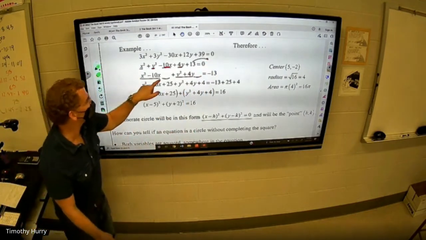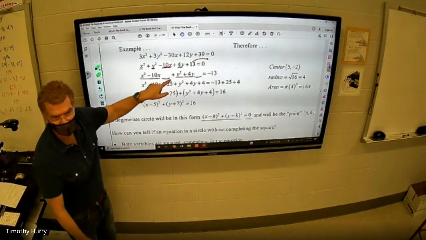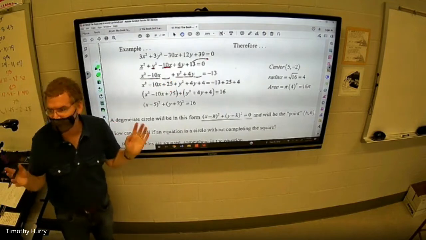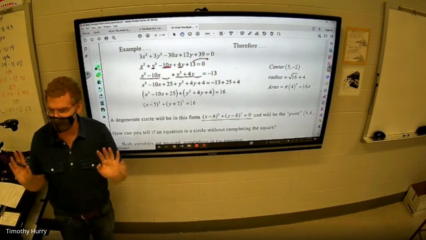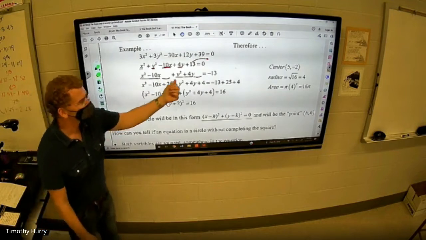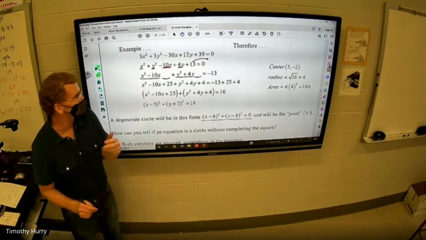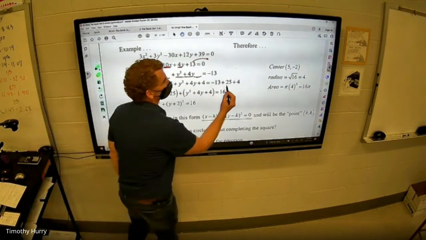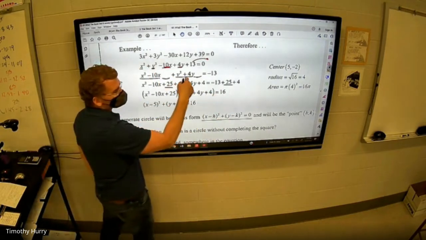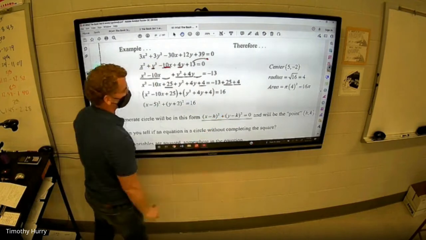Now, if I did factor out the 3 out of both, then I leave it for now, and in the very end, I divide it out. But since it divided out nicely here, I did it. You'll get a little practice with this. And then look, completing the square just like you did before, but you got to do it twice. Half of 10 is 5. Square it, 25. Add it to the other side. Half of 4 is 2. Square it, 4. Add it to the other side.